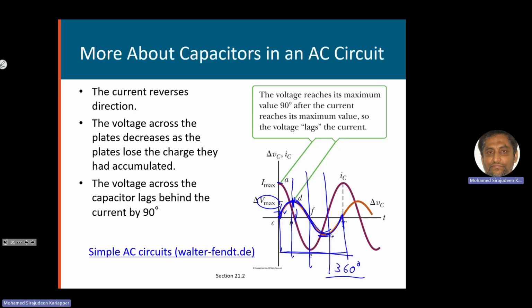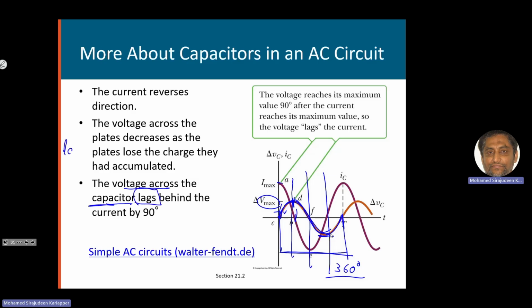So now I can put some number on how much the difference in phase is between the current and the voltage. You can see the current is ahead of the voltage by 90 degrees. Or you look at it from the point of view of the voltage. The voltage is 90 degrees behind the current. So we say the voltage across the capacitor lags.